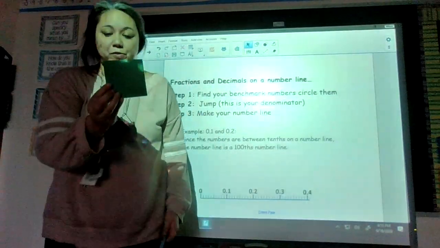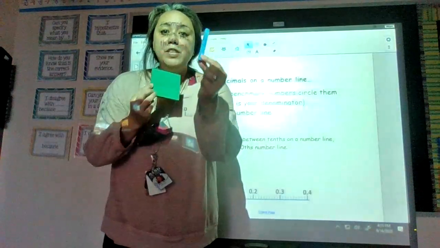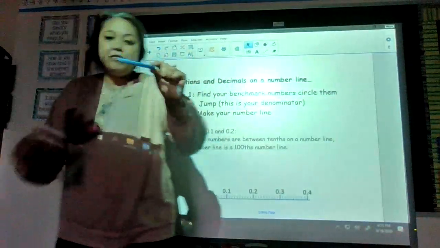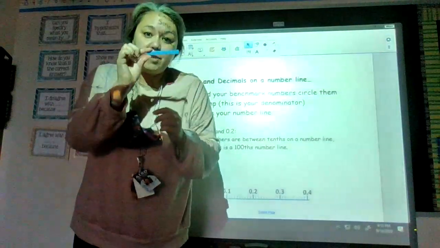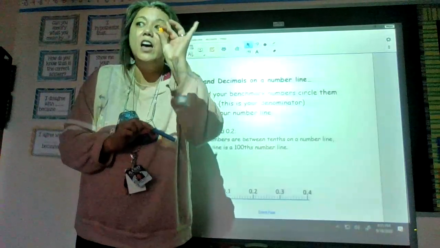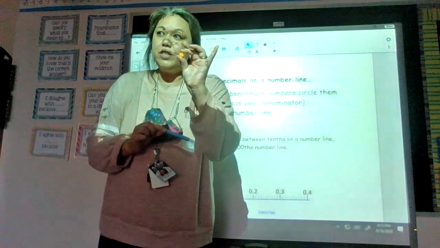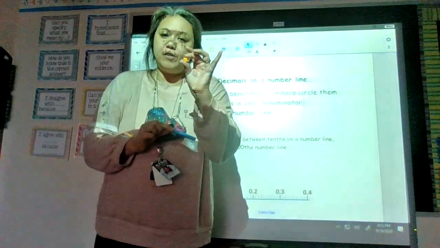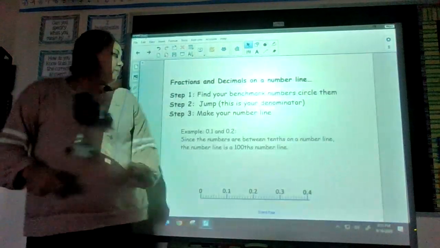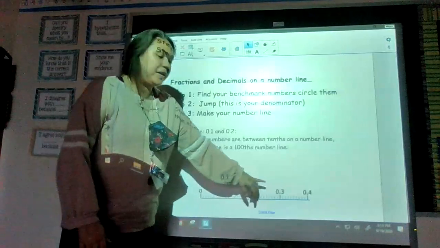This is the whole. If I put it into 10 parts, remember this is a tenth. If I divide this tenth into 10 parts, I'm going to get this little thing. You remember we called it a hundredth. And remember where the hundredth sits in our decimal place value. It's 2 places after the decimal. So this number line is going to be in hundredths.